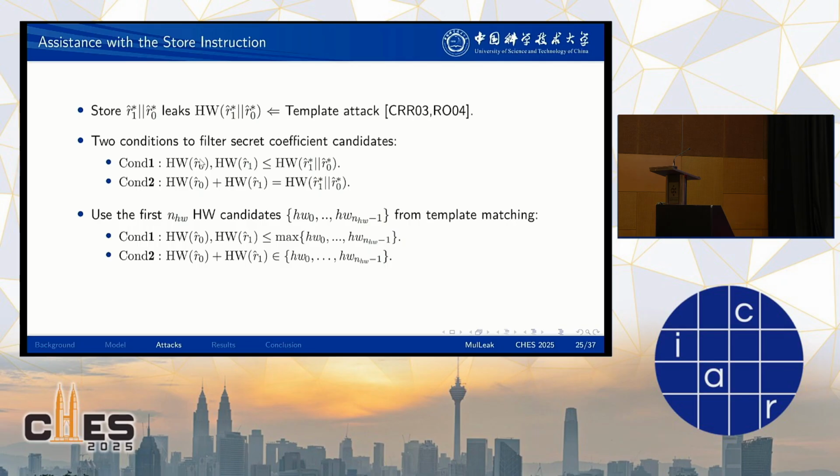The following two conditions should be satisfied, but practically in template attacks, the Hamming weight guess value with rank 0 is not necessarily the correct value with 100% possibility. So we modify the above conditions in this form by selecting several top-ranked guess values. This can reduce the possibility of erroneous filtering.